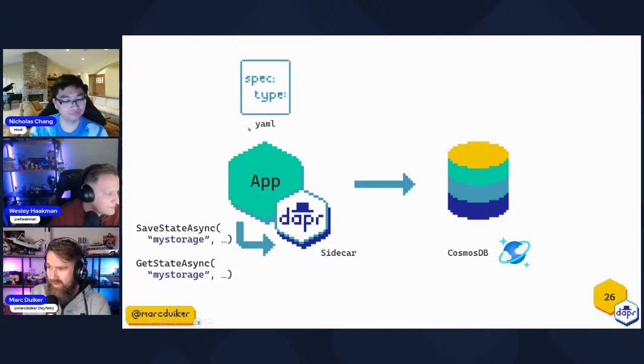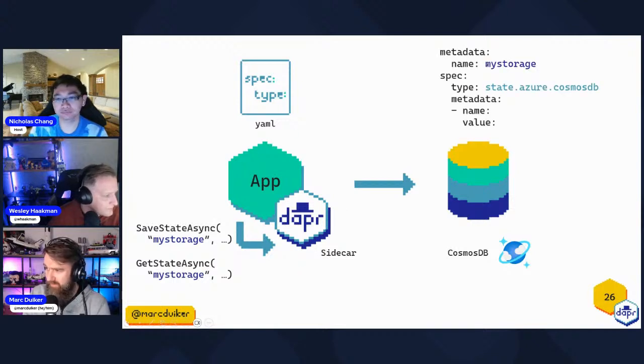There's a YAML file that's located with your source code. This YAML file contains the name that you're referring to in your code, in this case, my storage. It also contains a type, in the case of Cosmos DB, state.azure.cosmosdb, and then it contains some metadata values, which I did not include here, which usually include some kind of connection string and stuff.